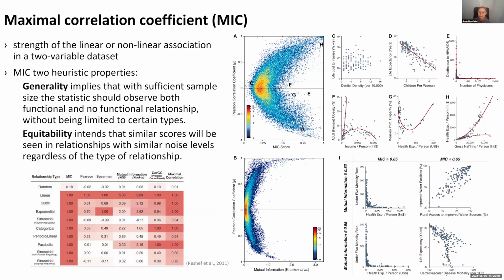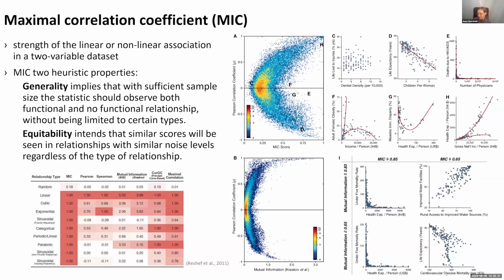It has a strength of detecting linear or nonlinear associations in a 2-variable data set, because it has 2 heuristic properties. The first is generality: if you have a sufficient sample size, the statistic should observe both functional and non-functional relationships. And the other one is equitability, which intends that similar scores will be seen in relationships with similar noise levels.